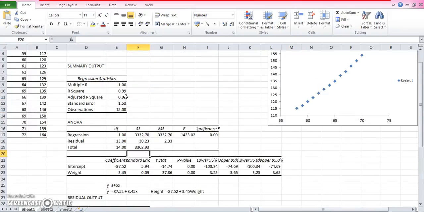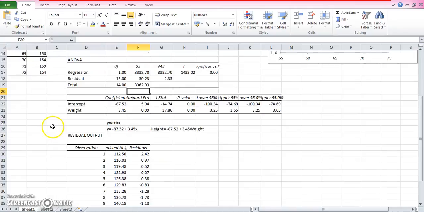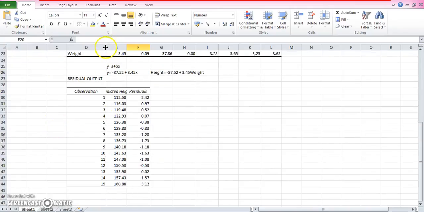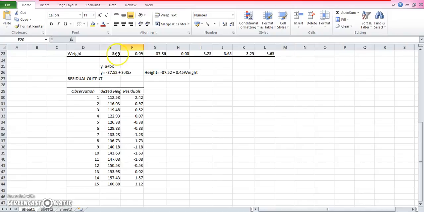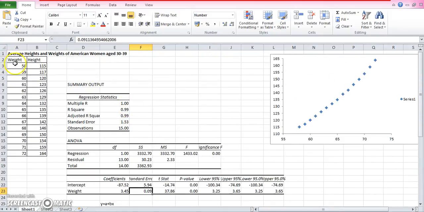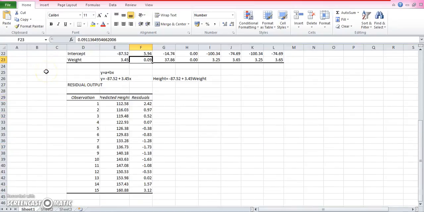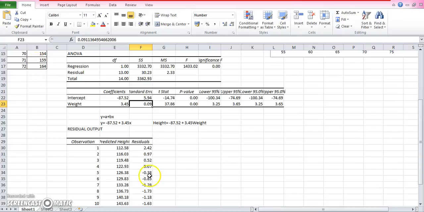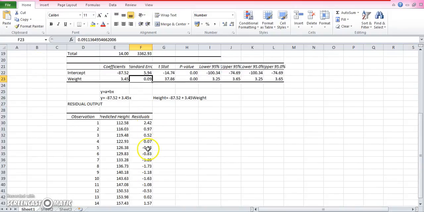So this is the actual data point and this is the predicted data point, which is the predicted height. For the first data point, the height is 115 and the predicted height is 112.58. So this is the residual. The distance between the predicted data and the actual data is 2.42 for the first data point.